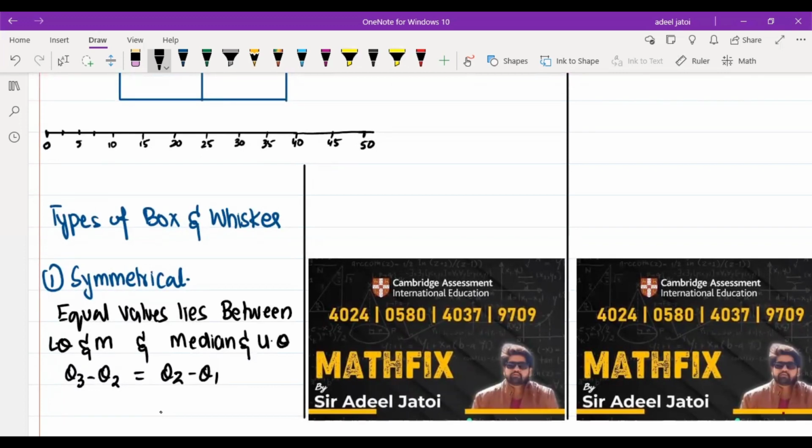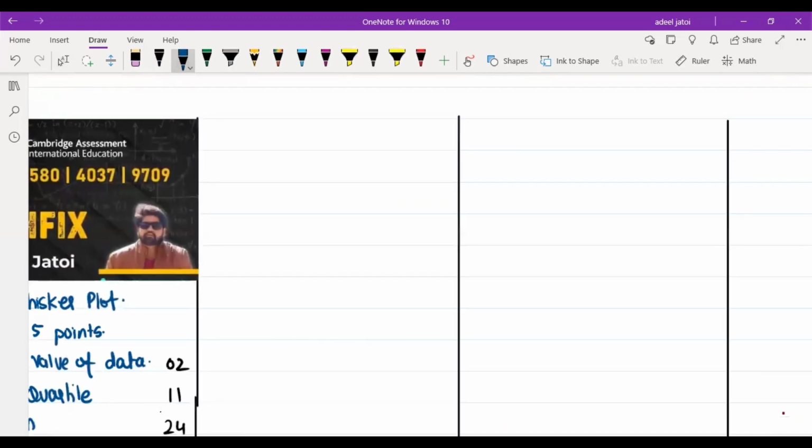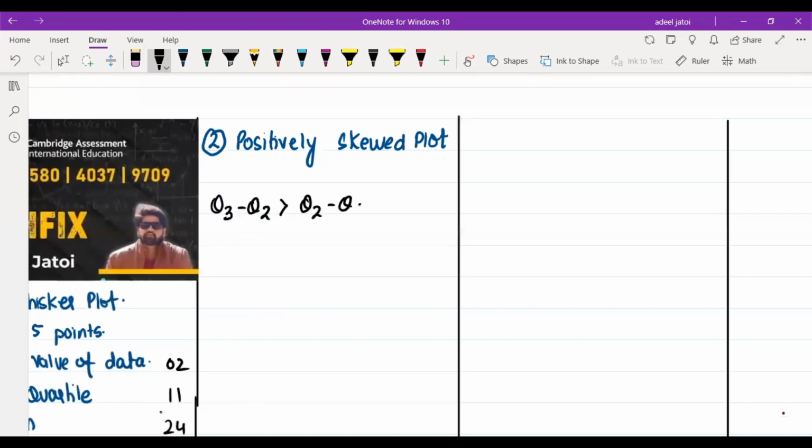Similarly, another type of Box and Whisker is the positively skewed plot. This positively skewed plot is when Q3 minus Q2 is greater than Q2 minus Q1.